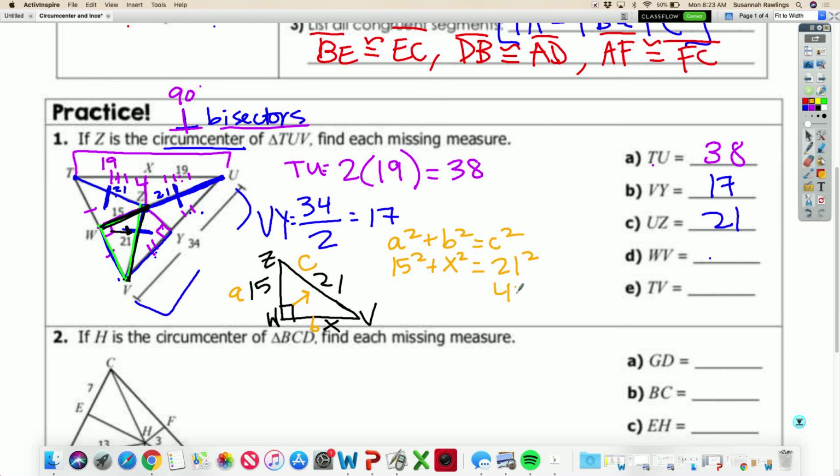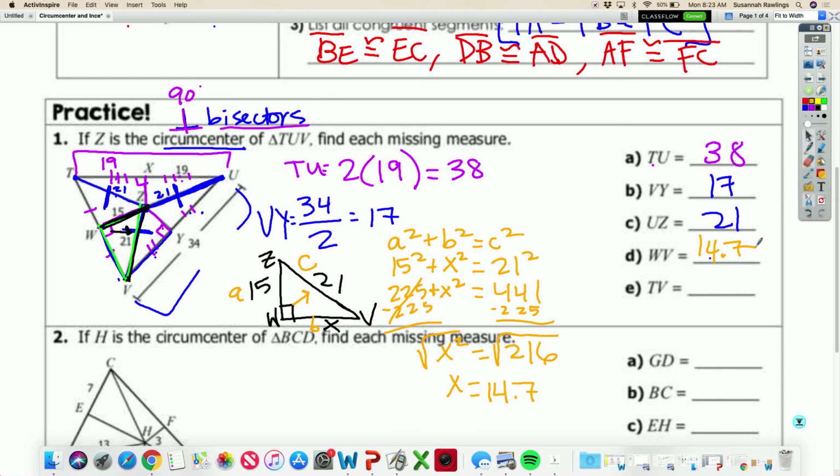Okay, so 21 squared is 441. 15 squared is 225. And we're going to start subtracting here. I get x squared equals 441 minus 225 is 216. And remember that last step, how do I get rid of the square? I square root it. So I'm just going to hit the square root sign, and I get x equals 14 point, I'm just going to round to the nearest tenth, so 14.7.